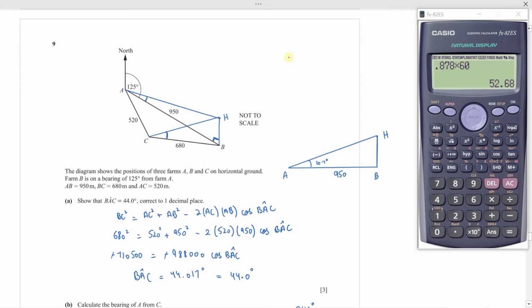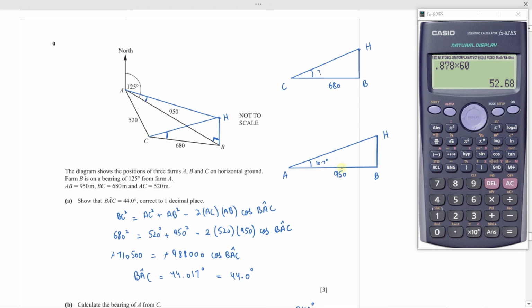CBH will look something like this in 2 dimensions. You have two farms, C and B, and your helicopter is directly above your farm B. So this will be your point H. And then the angle of elevation that you need to calculate is this. And the distance between farm B and C is 680. So this distance is 680. You need to find this angle here.